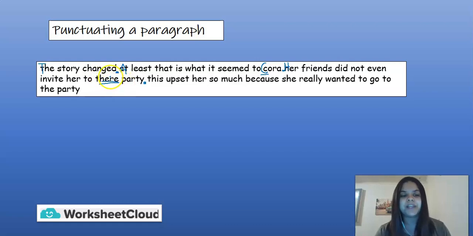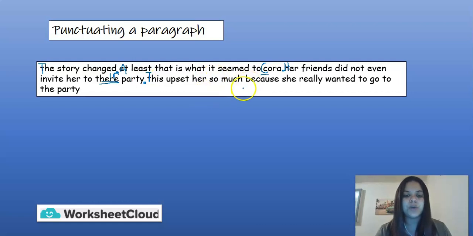That there is the wrong one because this one refers to place, okay? Whereas the one that we're looking for is the pronoun, or in this paragraph, possessive adjective. So the one that they are looking for is the one with the I and the R. Their party. Okay, thus capital letter because it's the beginning of a sentence.